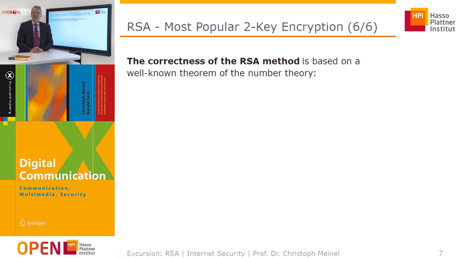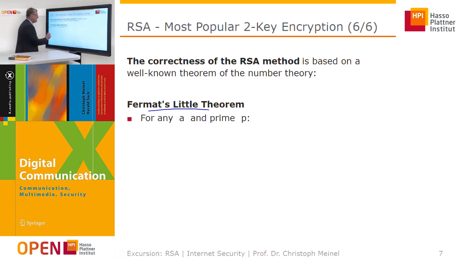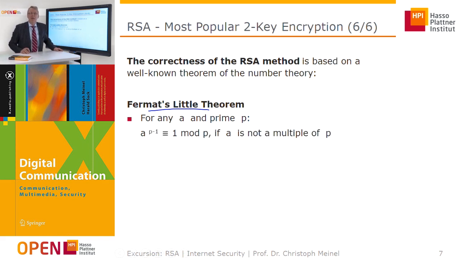The correctness of the RSA method is based on a well-known number theoretic theorem. This is the famous Fermat's little theorem. And this theorem says that for any number a and any prime p, a to p minus 1 is equivalent to 1 modulo p.